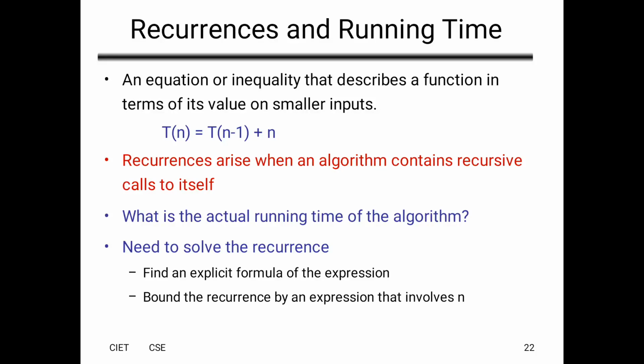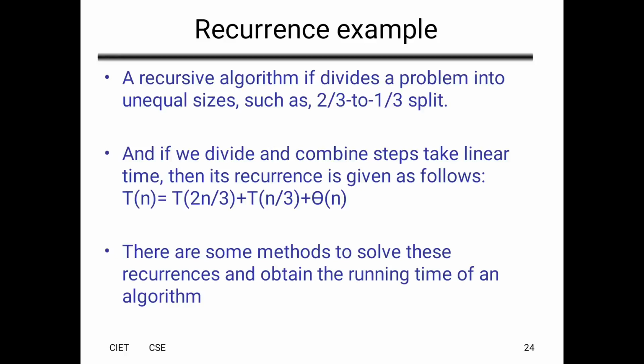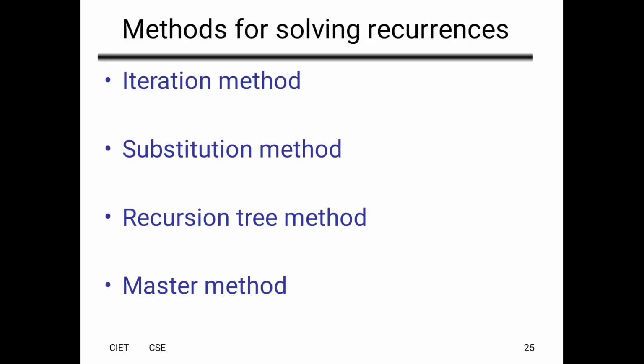To find the actual running time of the algorithm, we need to solve the recurrence, find the explicit formula of an expression, and bound the recurrence by an expression in terms of n. To solve these recurrences we have four methods: iteration method, substitution method, recursion tree method, and master method.